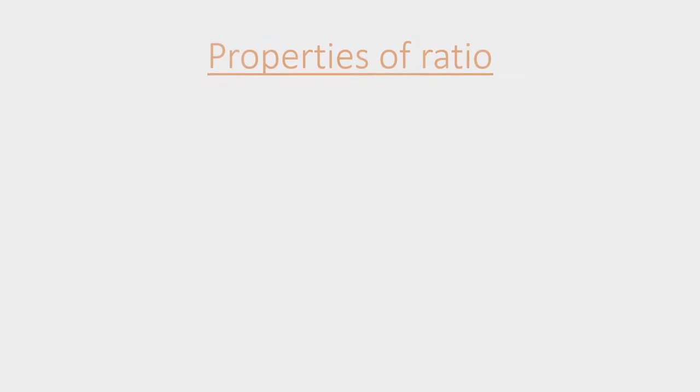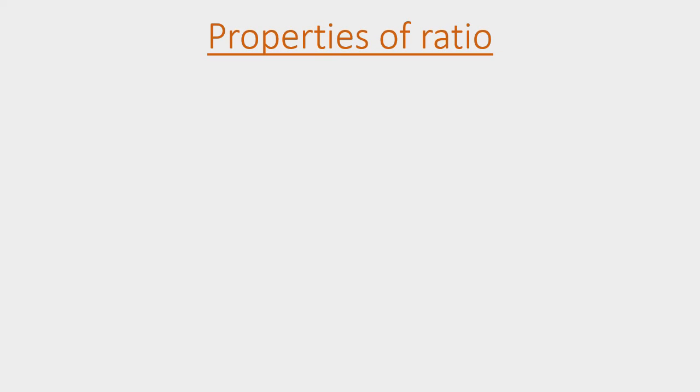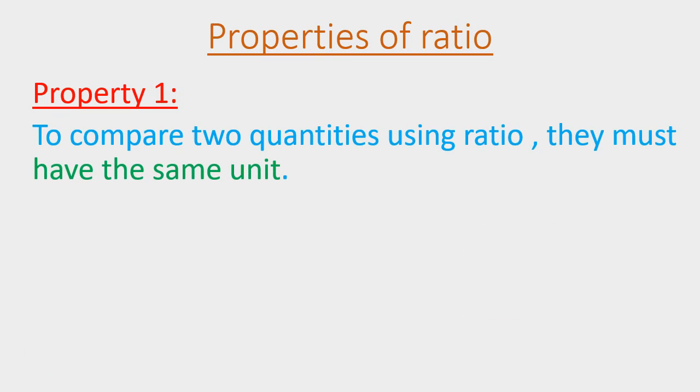Our lesson today: properties of ratio. What are the properties of ratio? You know that a ratio is a way to compare two quantities. Property 1: to compare two quantities using a ratio, they must have the same unit.